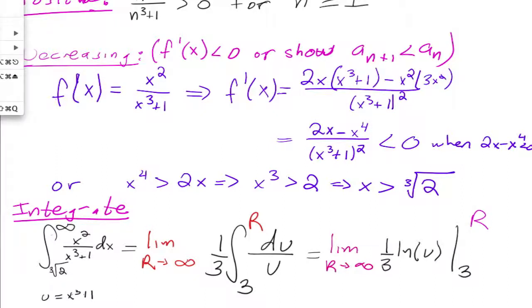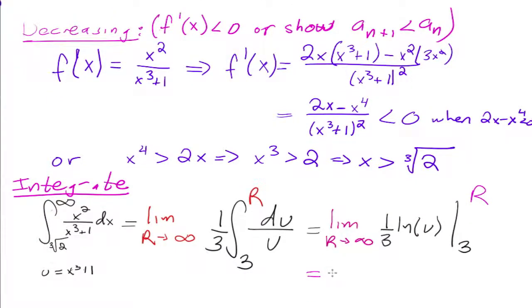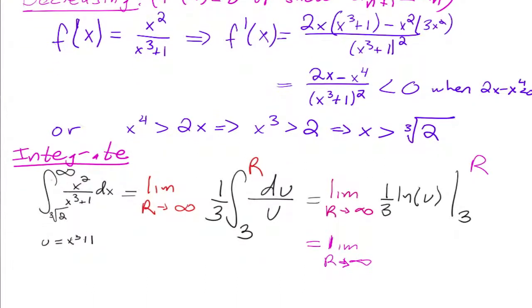Does that make sense? You can easily see that that's going to converge or diverge? Okay, maybe we can't see it yet. Let's do one more step then. The limit as r goes to infinity of 1/3 ln of r minus 1/3 ln of 3.